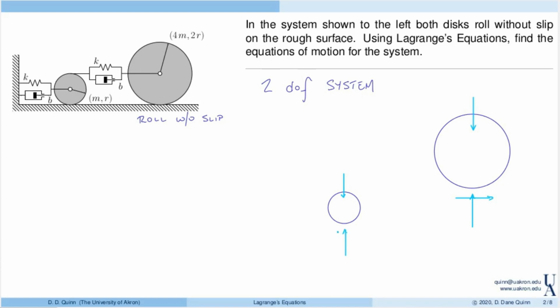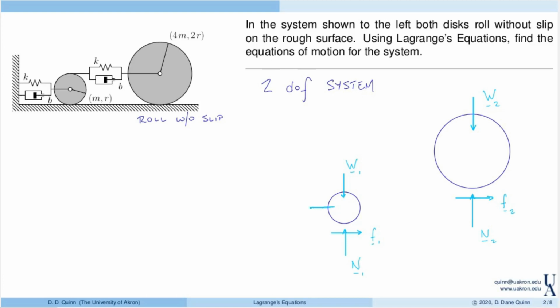So normal and friction. And so we'll say this is W2, this will be object 2, N2, and the friction force acting on the second, and label those accordingly.